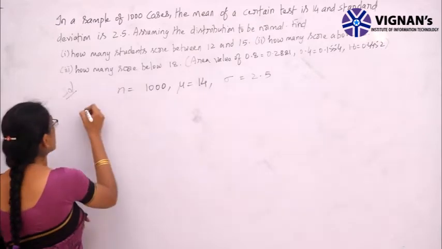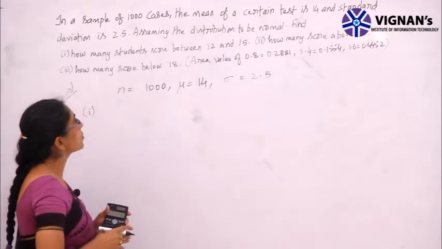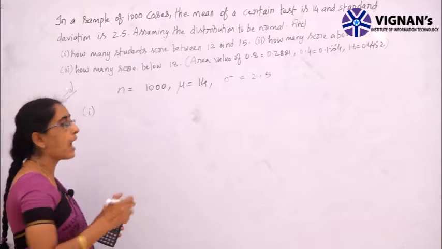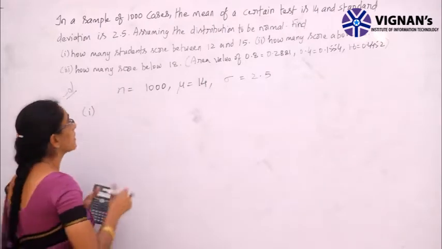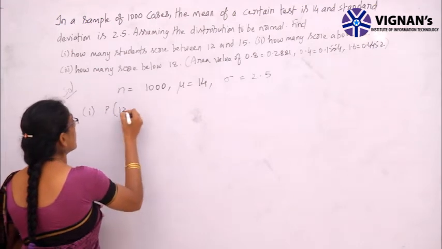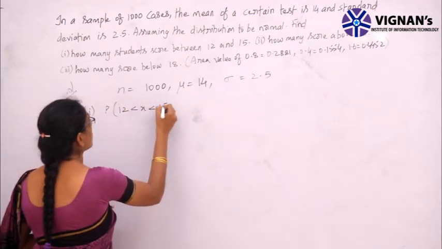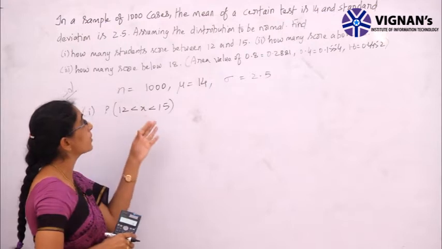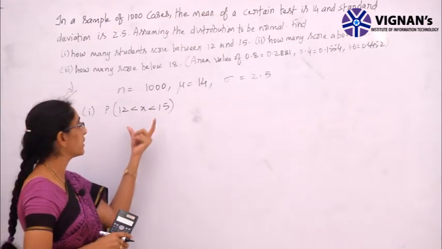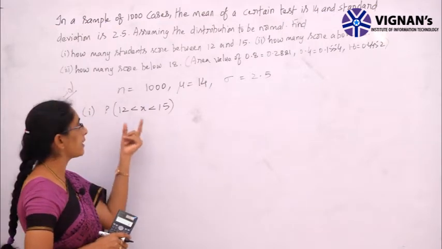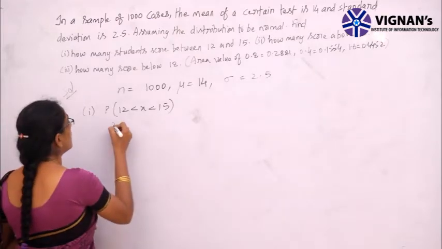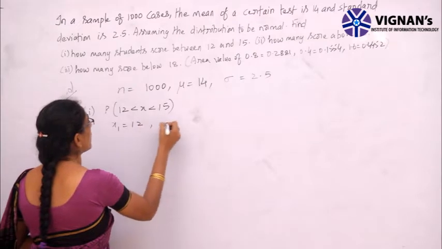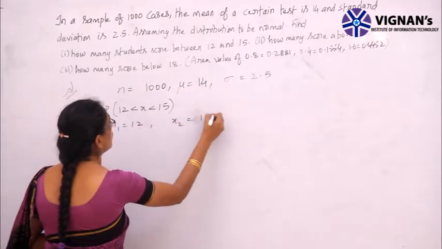So what is the first thing we have to find here? How many students score between 12 and 15? That means if students represents the x here, then probability of 12 less than x less than 15 we have to find. That means x greater than 12 and also x less than 15 here. So here consider x1 equal to 12 and x2 equal to 15.